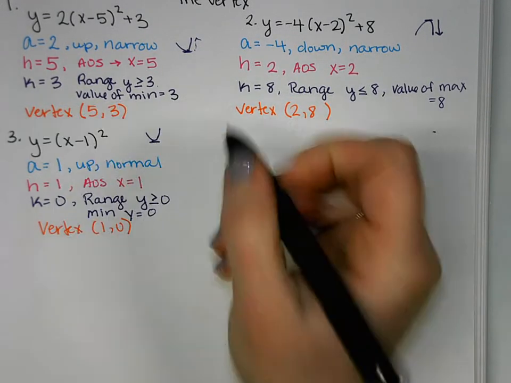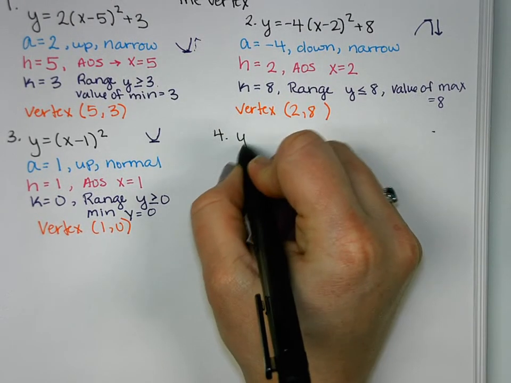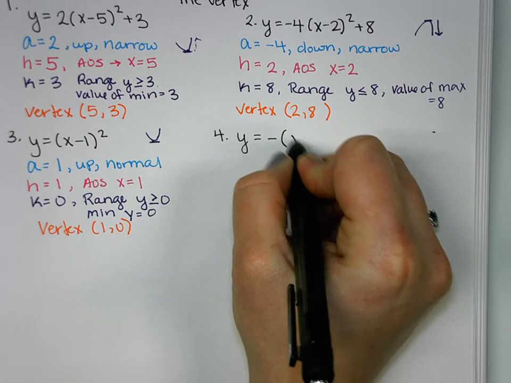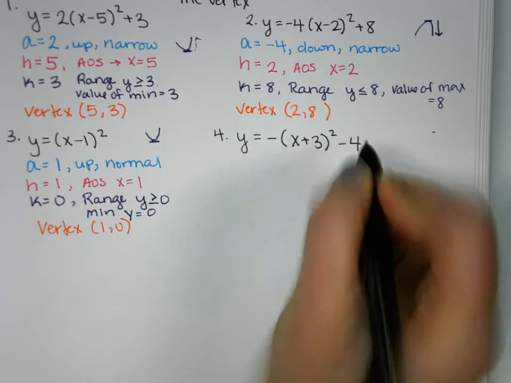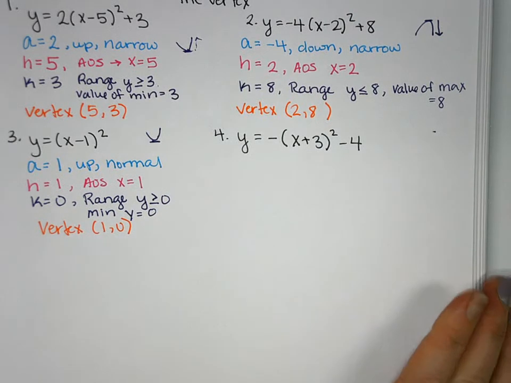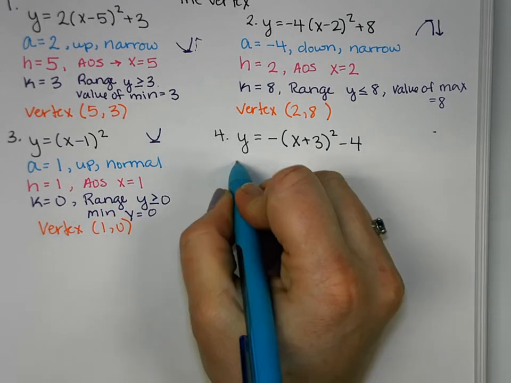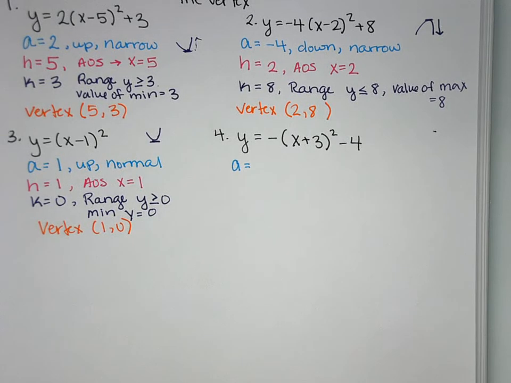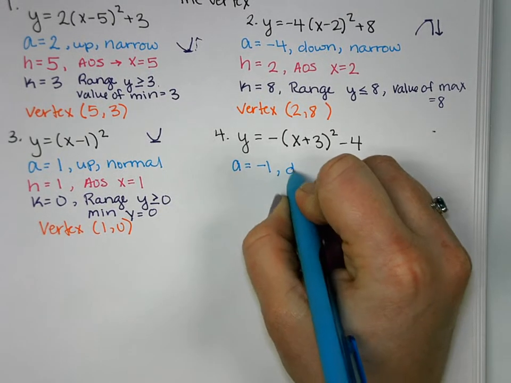Okay, number 4. So this one's going to answer your question, Reagan. What's A? -1. So do we go up or down? Down.